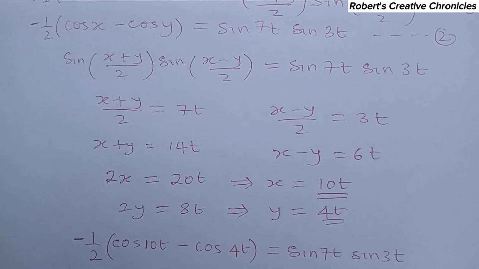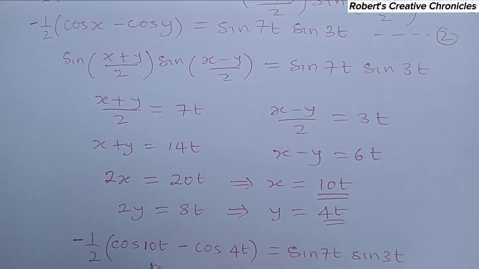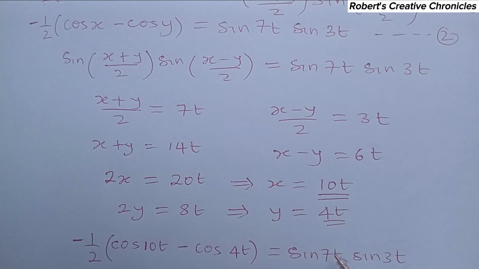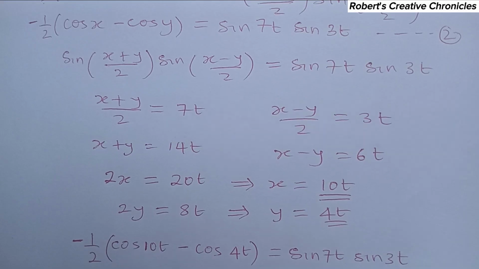So now here is the answer. Here is the difference. Now this one is a difference. So we have expressed this product in terms of a difference, and that gives the final answer.